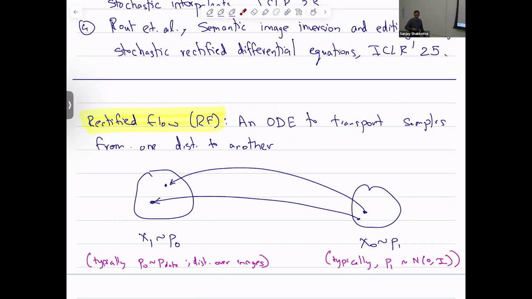You want to sample from some distribution P star, and the model, starting from diffusion models or whatever, starts with some noise and then incrementally denoises to sample from the distribution of interest.